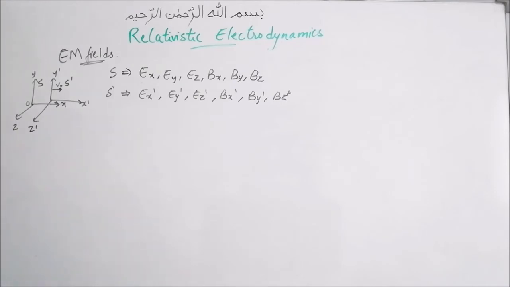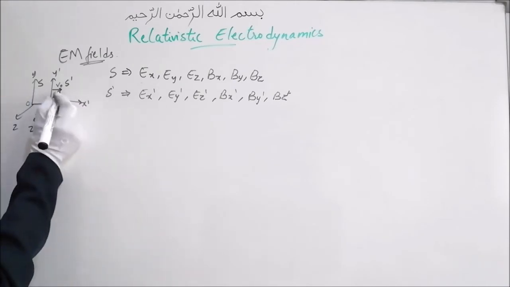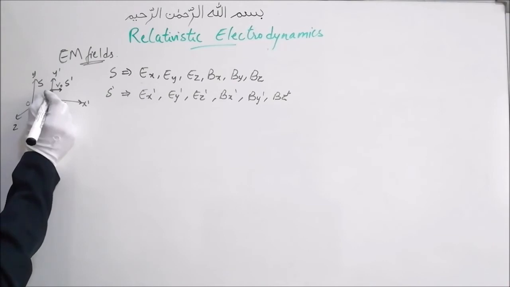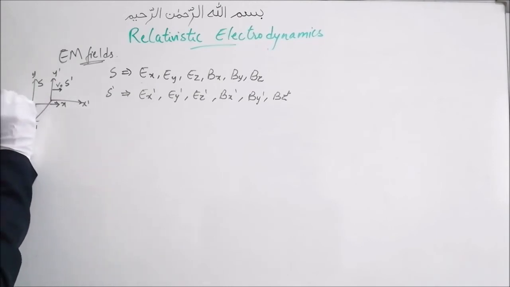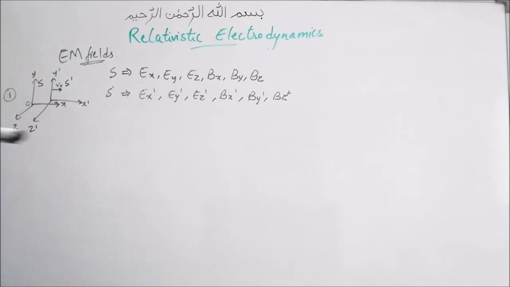We'll look at just two cases. The first case, let's call it case number 1, is when S dash is moving along the X direction with constant velocity V naught. In this case, you have to remember that along the direction of velocity, the parallel component of electric field and the magnetic field do not change.